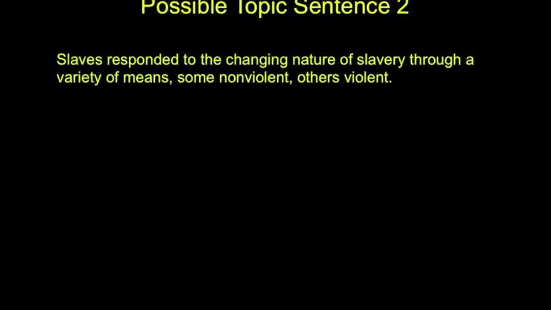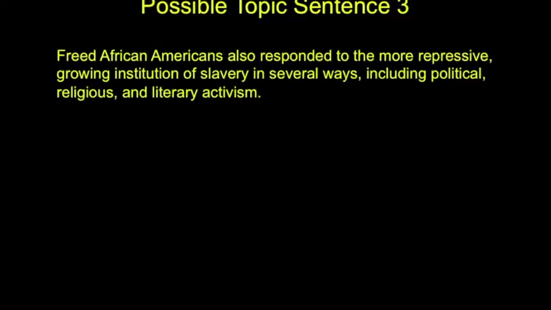For paragraph number 2, my topic sentence is, slaves responded to the changing nature of slavery through a variety of means, some violent, some non-violent. My topic sentence for paragraph 3 is, freed African Americans also responded to the more repressive, growing institution of slavery in several ways, including political, religious, and literary activism.